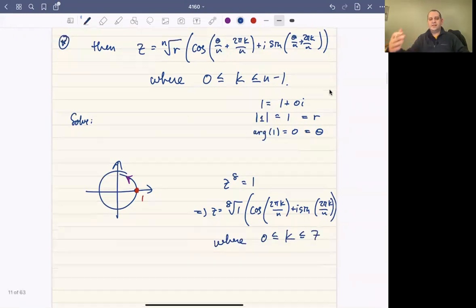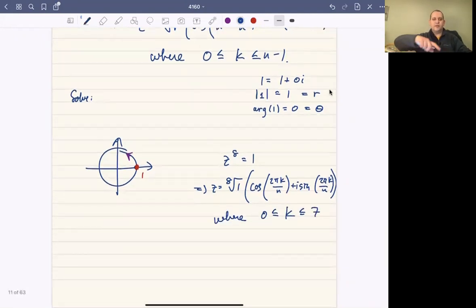Again, as soon as k gets to 8, you're repeating yourself by traveling along that unit circle. You've traveled 2 pi radians, so you're starting to repeat yourself. So you're going to have 8 different solutions.